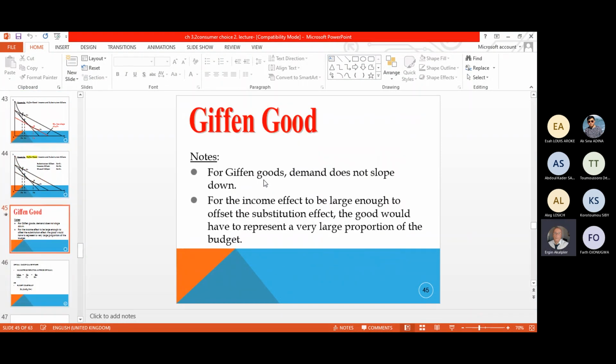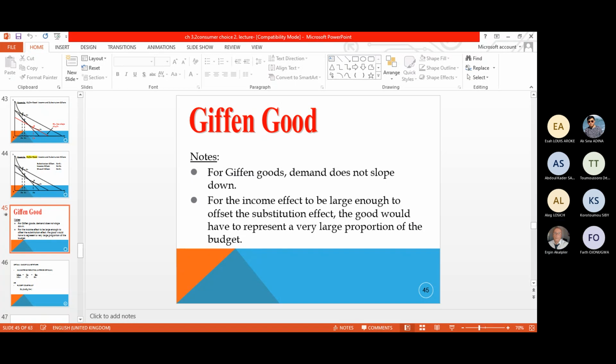For a Giffen good, demand does not slope down, and for the income effect to be large enough to offset the substitution effect, the good would have to represent a very large proportion of the budget.